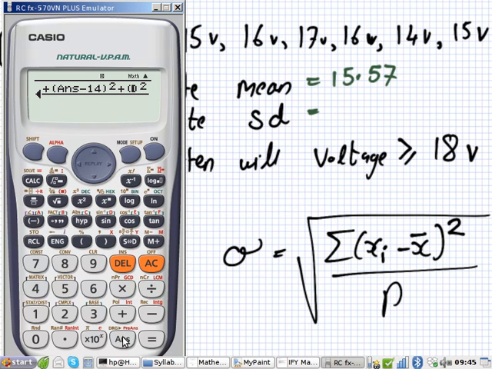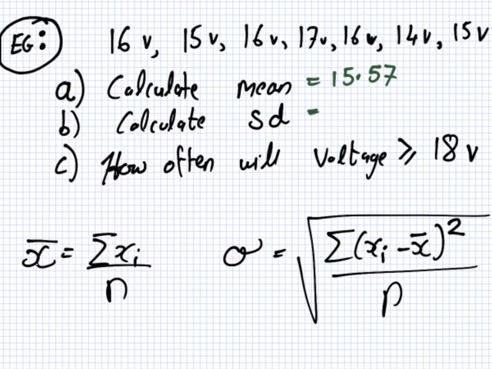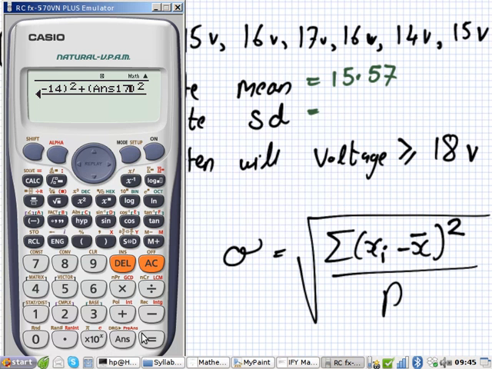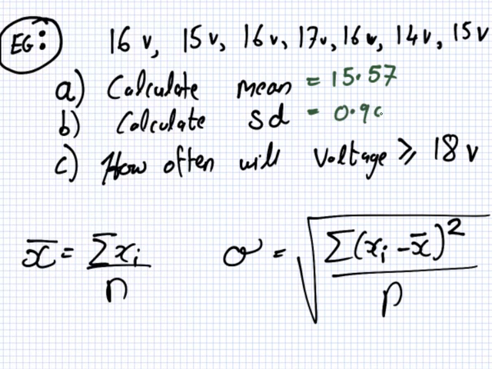I have 114 and 117, is that right? Yeah. Right, so standard deviation is... Oh, no, be careful. Standard deviation is this: 0.904. Okay.